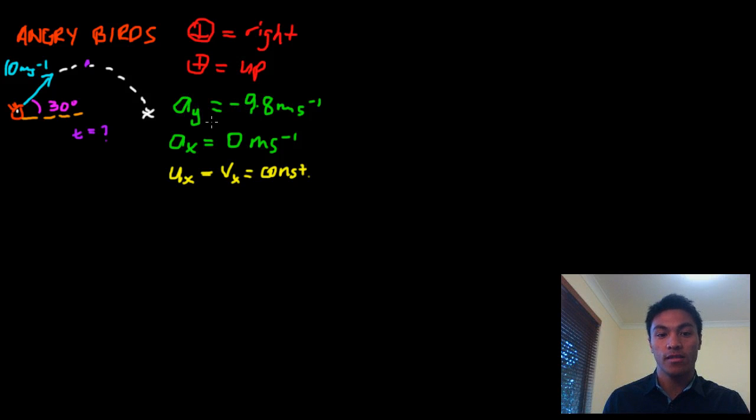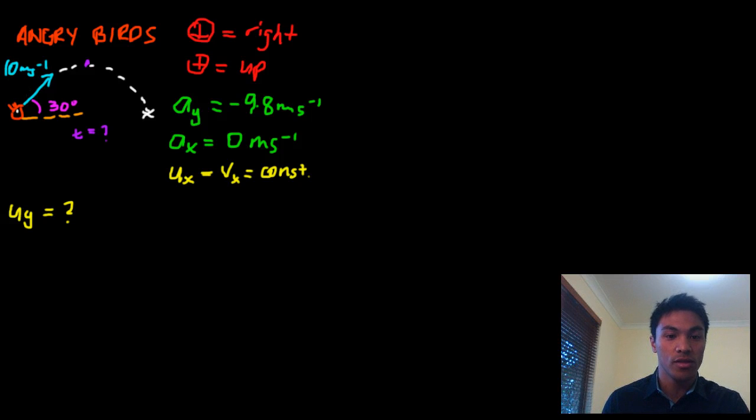But first off, let's deal with the up and down, the vertical motion. Let's figure out our initial velocity in the y direction first. We know that at 30 degrees to the horizontal, it's going 10 meters per second.